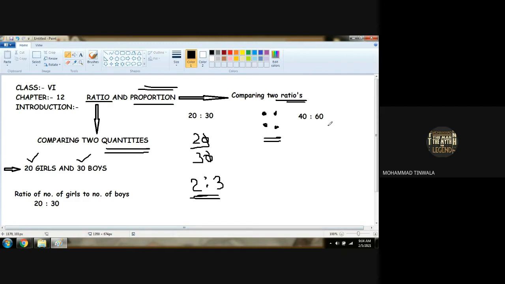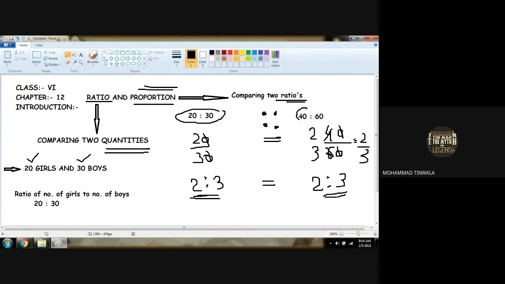Now we compare 40/60. 0 got cancelled. 2 2s are 4, 2 3s are 6. Can 2 and 3 be divided with each other? No. So 2:3 is the answer for this also. So both ratios are equal. That means these two ratios are in proportion.